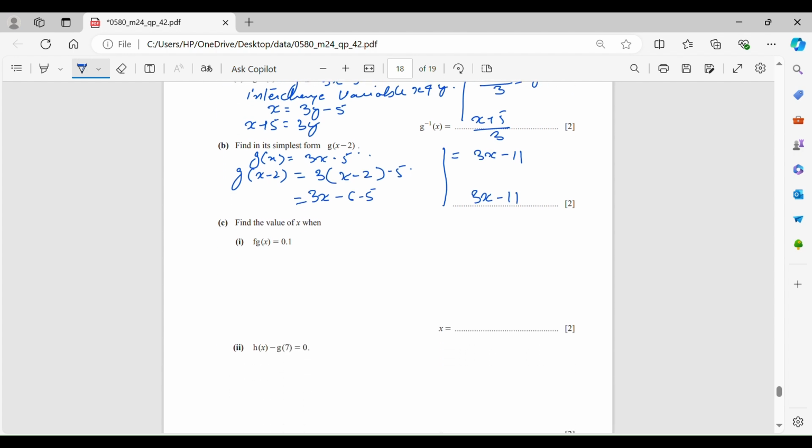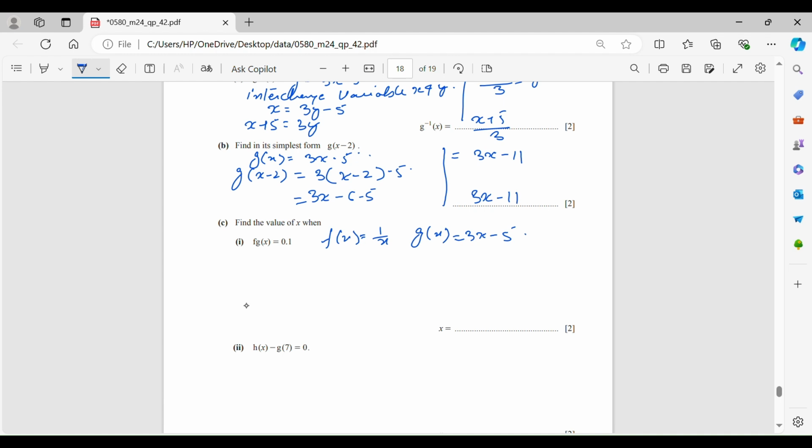Next part, C part. Find the value of x when this is equal to this. Now f(x) is 1 by x, and g(x) is given as 3x minus 5. So we have to put g(x) into the f function.